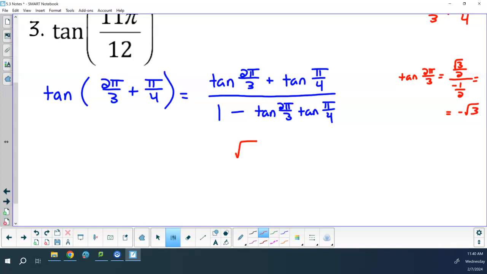So this becomes negative square root of 3 plus, what is the tangent at pi over 4? 1. Yes?